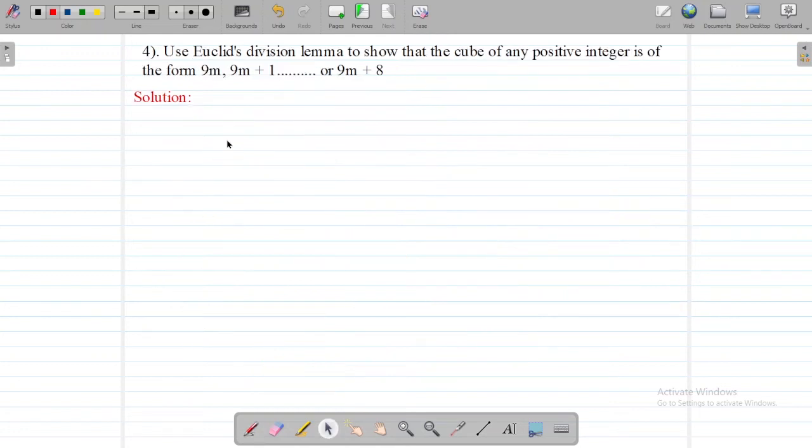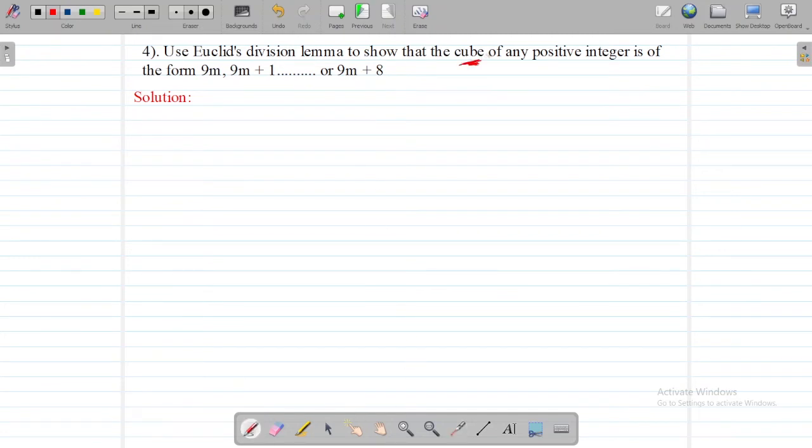Now let us see the next problem, the fourth problem. Use Euclid's division lemma to show that the cube of any positive integer is of the form 9m, 9m plus 1 or 9m plus 8.